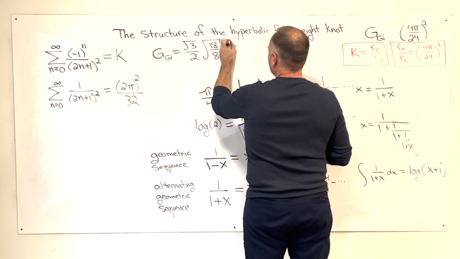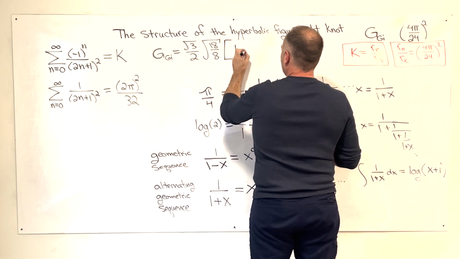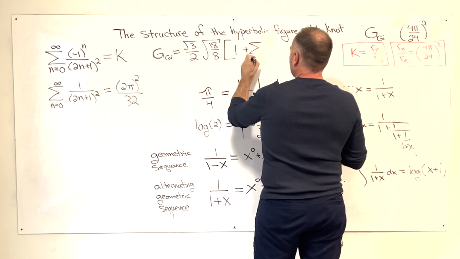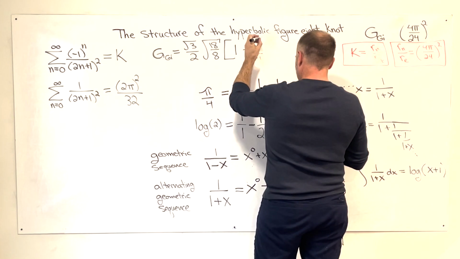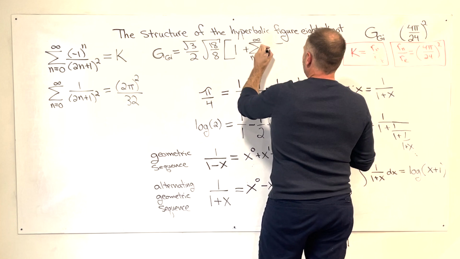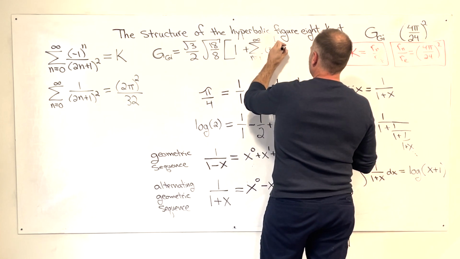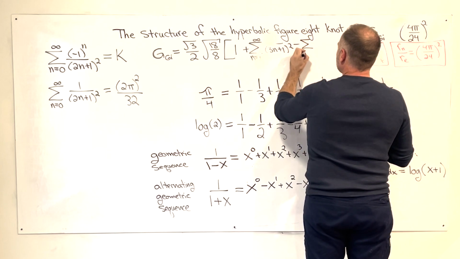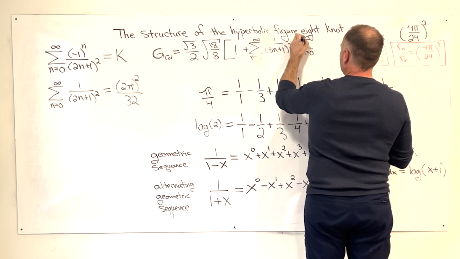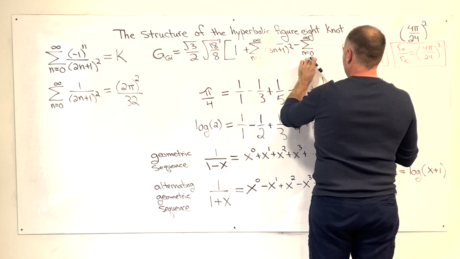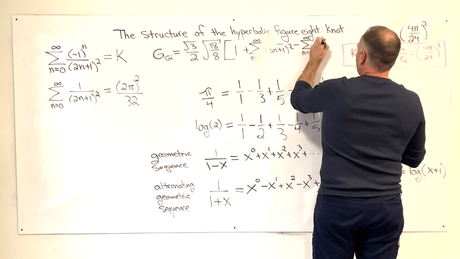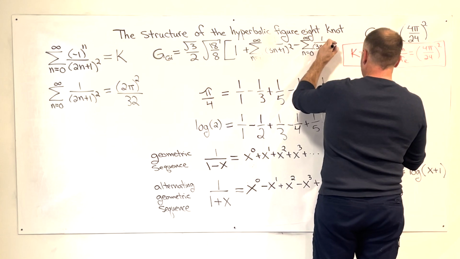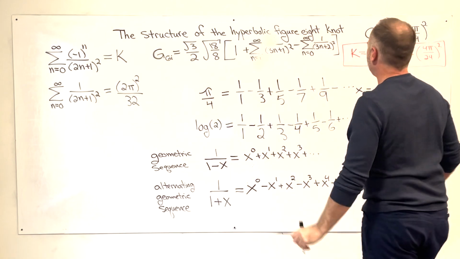But then we have this 3-part structure here. 1 plus the sum from n equals 1 to infinity of 1 over 3n plus 1 squared minus the sum from n equals 0 to infinity, that was 1, this one's 0, of 1 over 3 times n plus 2 squared. Close brackets.